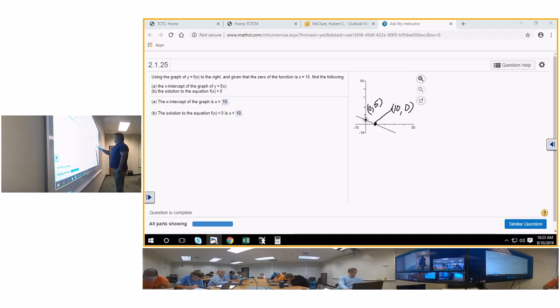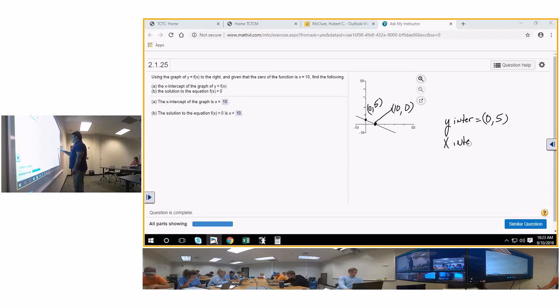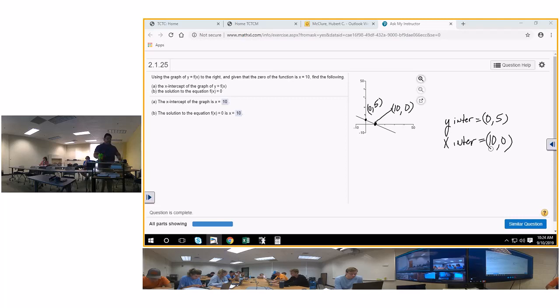Okay, so my y-intercept is equal to 0, 5. My x-intercept is equal to 10, 0. Now, could I find the equation of this line? Yes. I don't know if they're going to ask that, but I think that's the two answers they want. They want you to be able to read the graph.